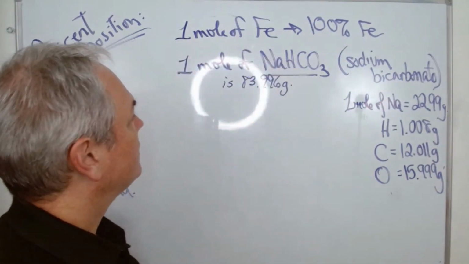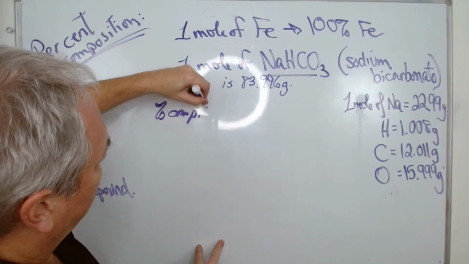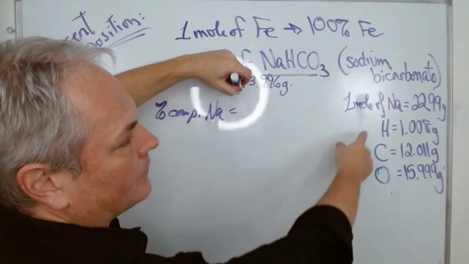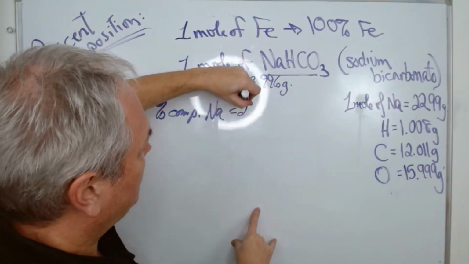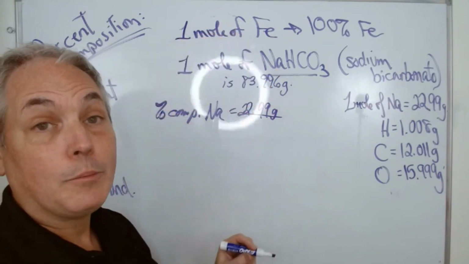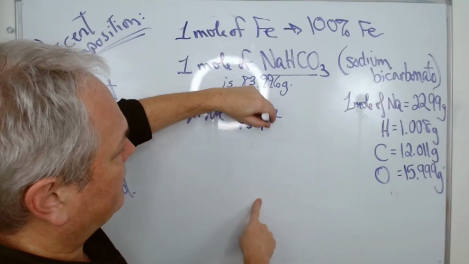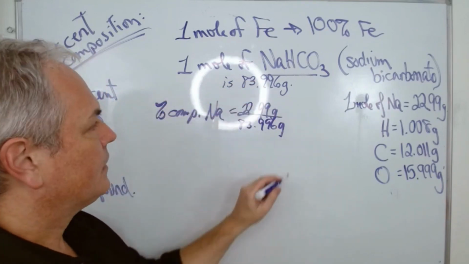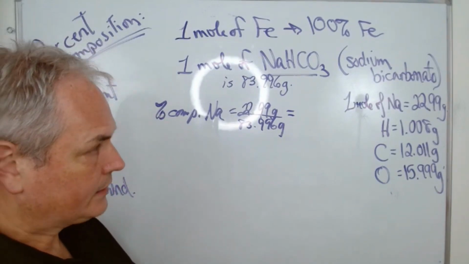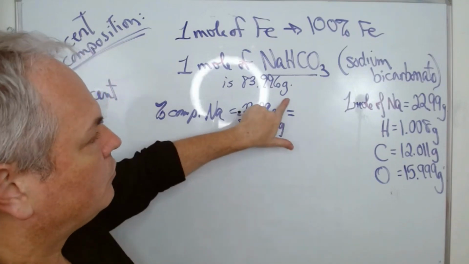So for the percent composition of sodium, I have the molar mass of sodium, 22.99 grams, divided by the molar mass of the compound, 83.996 grams.